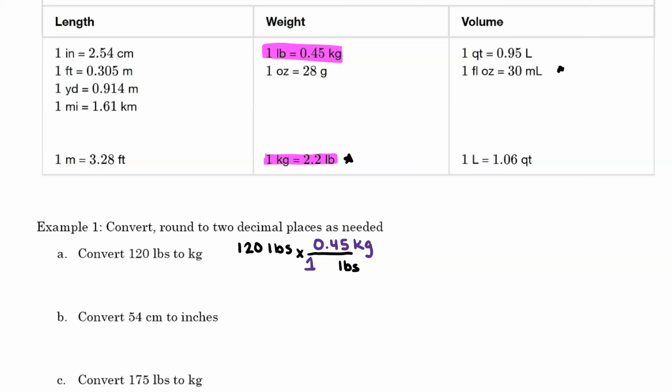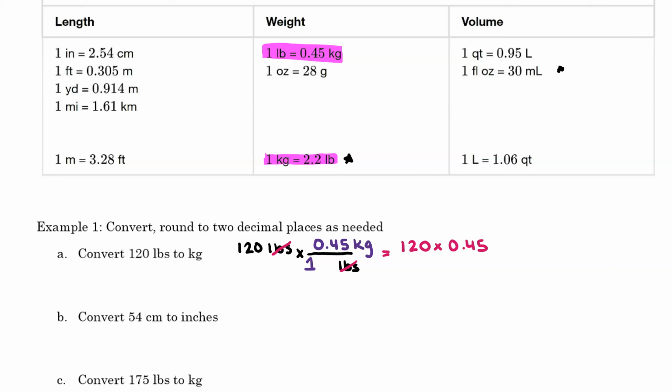That's a much easier conversion than trying to divide by 2.2, because when you're dividing by hand, it takes a lot of steps. Multiplying by hand, I think, is a little faster. So what math are we doing? Well, pounds cancels. There's just a 1 on the bottom. So the math I need to do is 120 times 0.45.